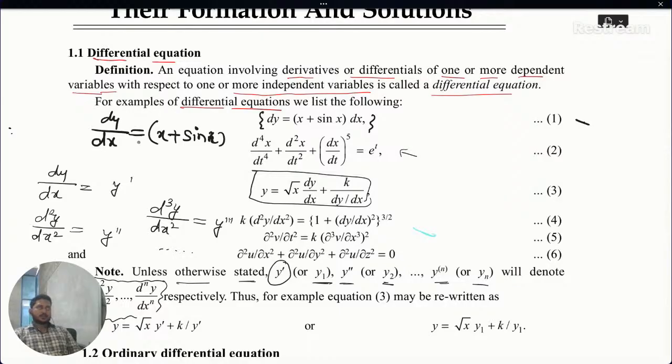You saw in class 12 the basic formula about velocity, which is also used in the mechanics portion. Also the spread of disease, current and voltage in electrical circuits, chemical reactions, fluid flow and heat flow are places where we use differential equations.